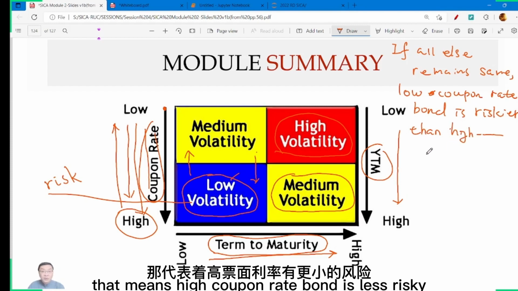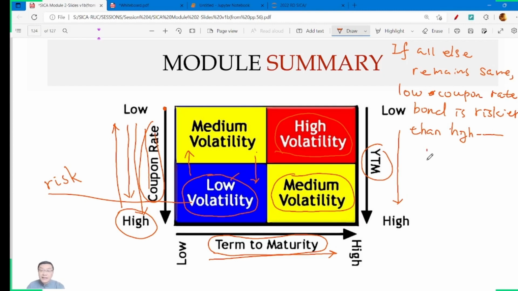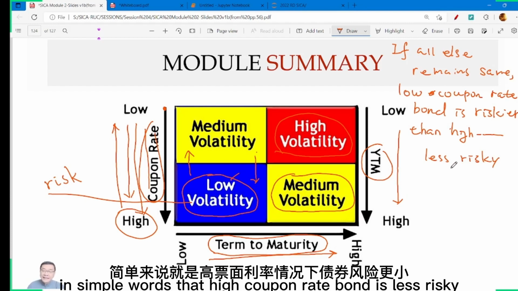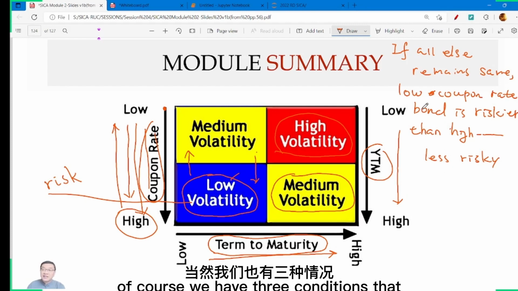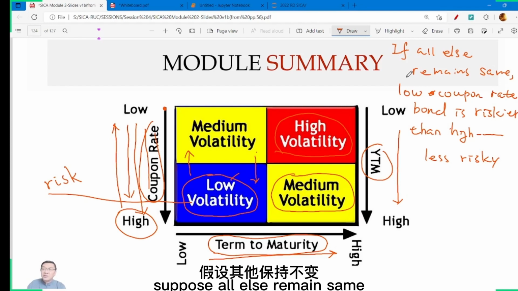In other words, high coupon rate bonds are less risky than low coupon rate bonds. In simple words, high coupon rate bonds are less risky. Okay, this is very simple. Of course, we have the precondition that all else remains the same.